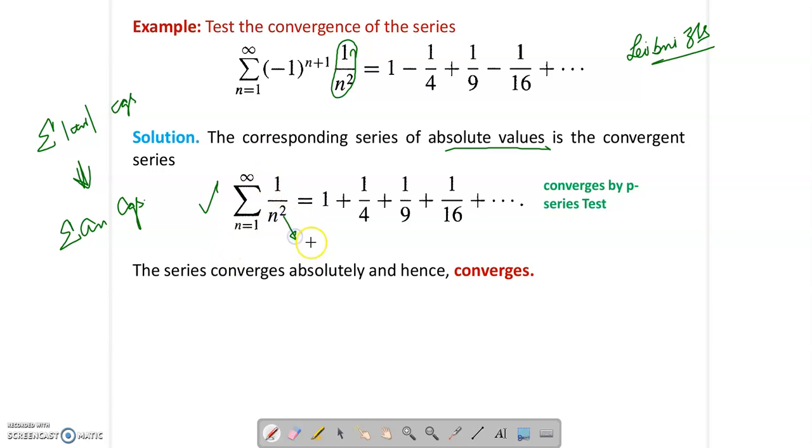Now here, when you apply the p-test, your p is equal to 2, which is strictly greater than 1. So this series converges by the p-series test. Since the summation of mod of a_n converges, we can conclude that the original series, summation n going from 1 to infinity of (minus 1) to the power n plus 1, 1 by n square, converges. So we say the series converges absolutely and hence converges.